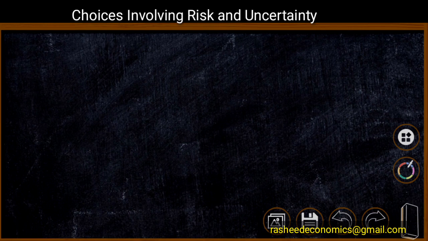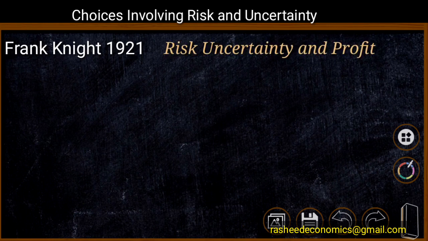The first distinction between risk and uncertainty was made by Frank Knight in the year 1921. In 1921, he published an article named Risk, Uncertainty and Profit. F. Knight distinguished the terms uncertainty and risk in a clearer, systematic way.